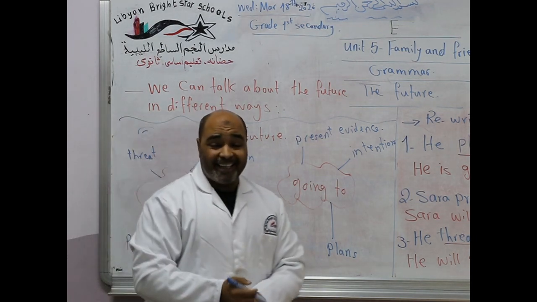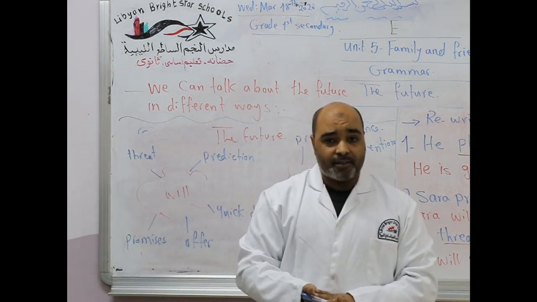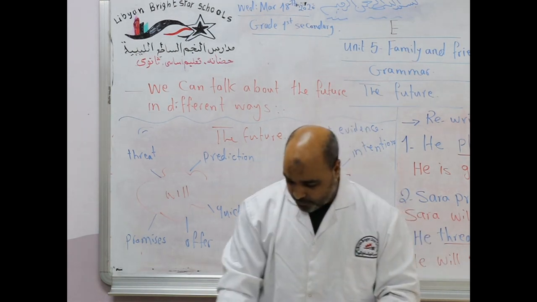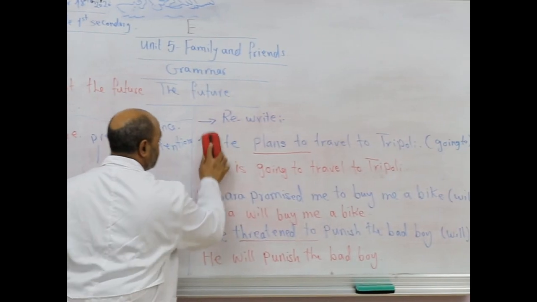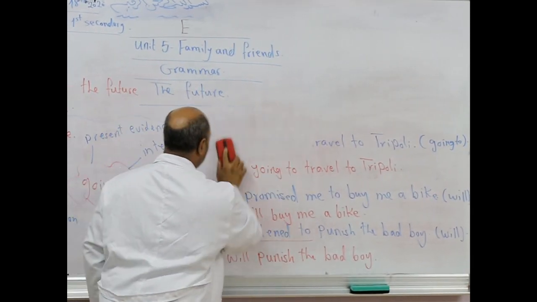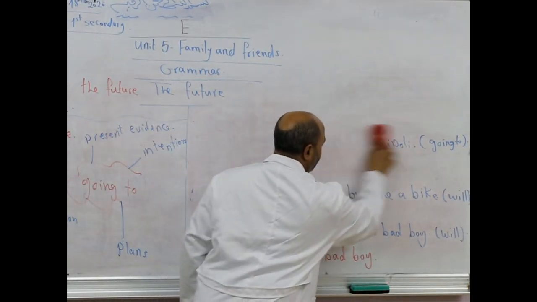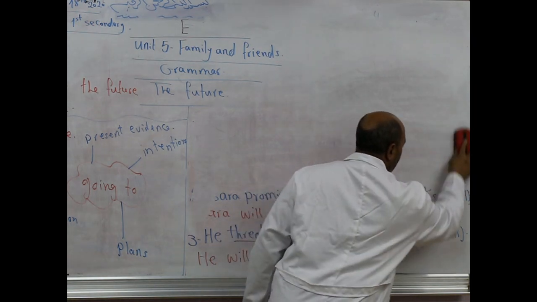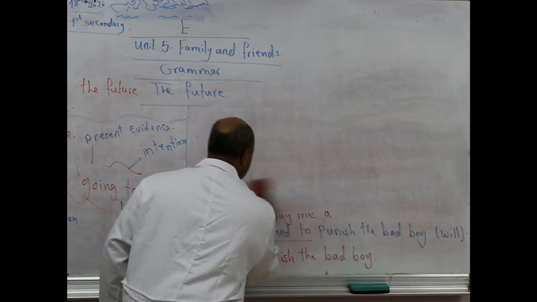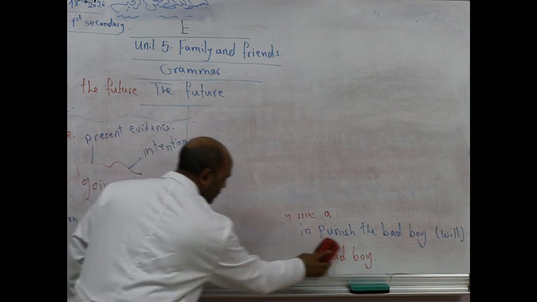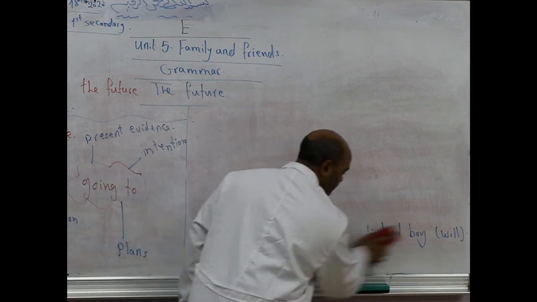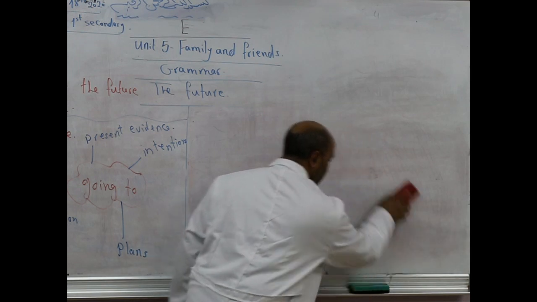Is there another way to talk about the future? Yes, it's the future continuous. The future continuous is one of the complex tenses which we use to talk about the future. It's new for us because we didn't study it before. Okay?